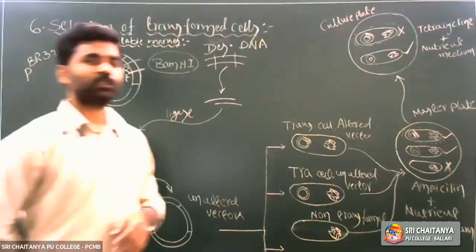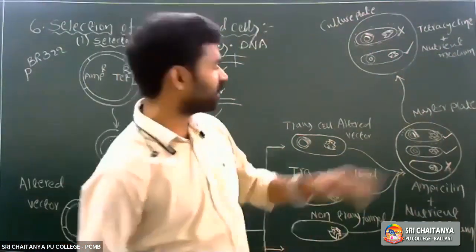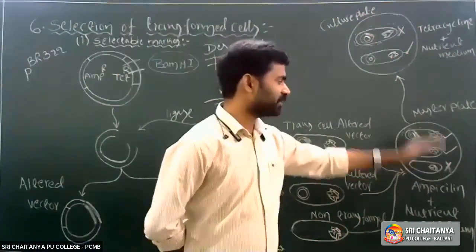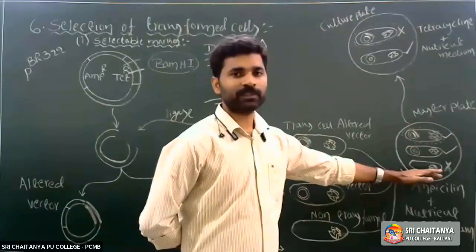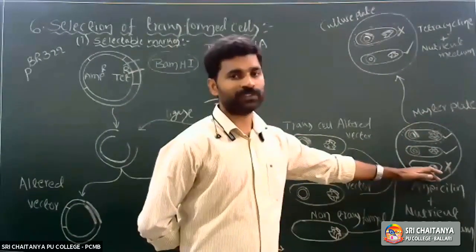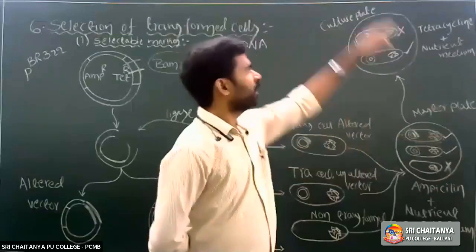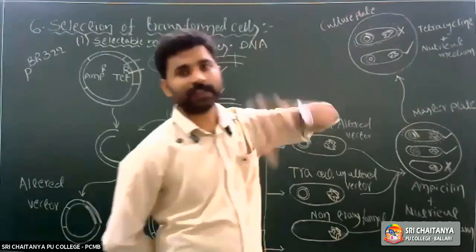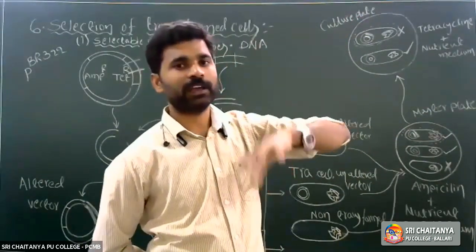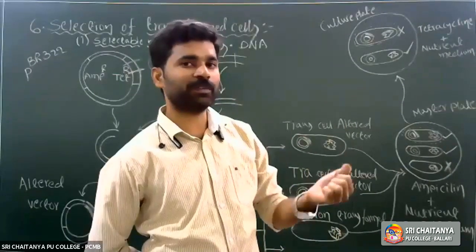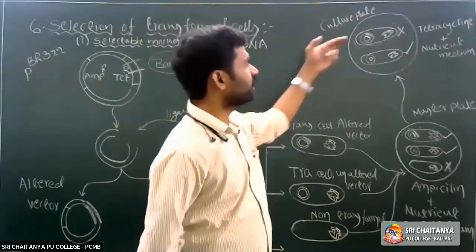Is it clear? So which type of selectable marker helps in identification of transformed cells from the non-transformed cells here? Ampicillin resistant gene. And which type of selectable marker helps in identification of recombinant cells from the non-recombinant cells?